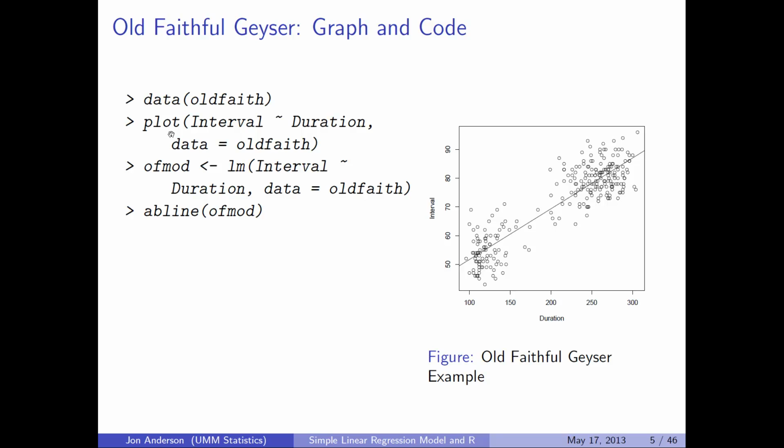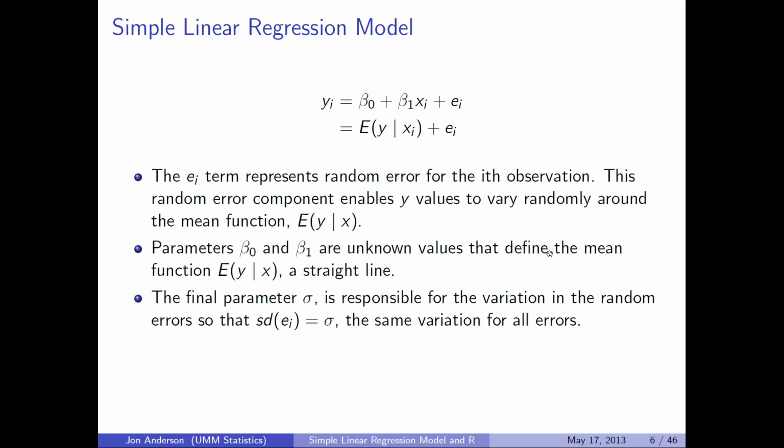You'll notice the scatterplot command is always of the form Y response variable tilde as a function of the X variable, duration. And here you can see the graph that's produced by these commands.